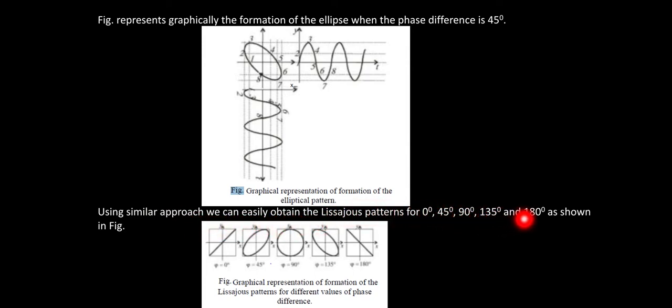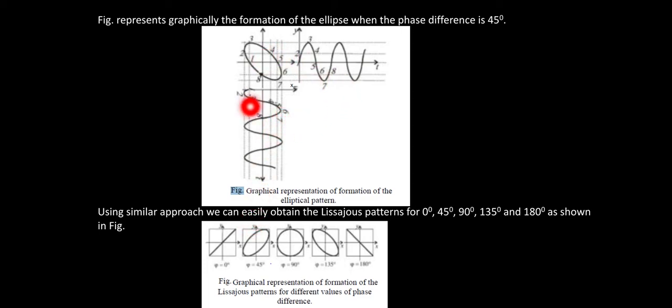Using a similar approach, we can easily see the Lissajous pattern for 0 degree, 45 degree, 90 degree, 135 degree, and 180 degree as shown in the figure. For 0 degree phase difference, we get a straight line making 45 degree with the x-axis. For 45 degree phase difference, we get an ellipse. This ellipse is generated by a phase difference of 45 degree, and this other one is also generated by a phase difference of 45 degree.